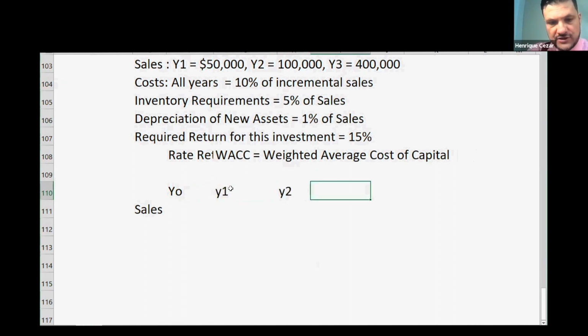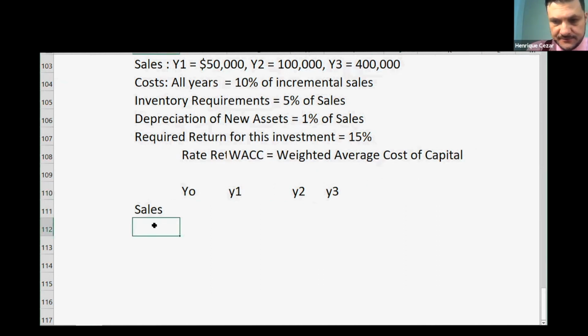Obviously, in real life, you could have more years, but we're not going to make our life difficult here, putting 35 years, because it's going to be time consuming, right? To explain the point here for you. All right. And then, my friends, the next in line will be your costs. I'm going to put it as minus.